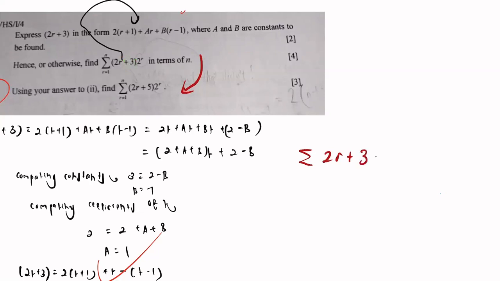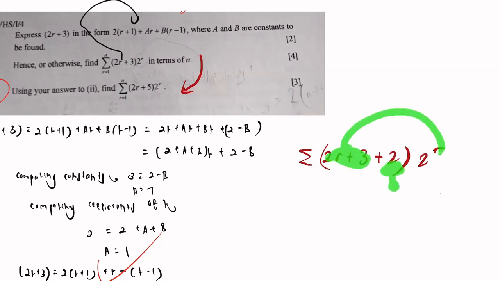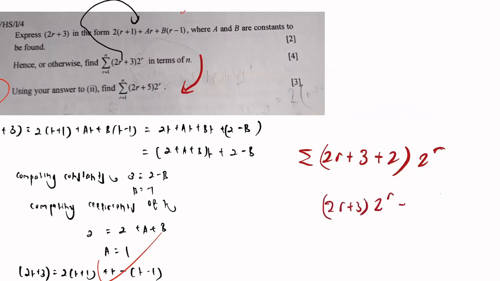So +5 can be split as +3 +2, agree? Then you can just multiply 2r + 3 with 2 power r and 2 multiplied by 2 power r. In other words, the following. Sorry, I go to 1 to n, I go to 1 to n equals sign. Can? Yeah. Then you can split out a summation, right? You can always split out into 2 separate sums.